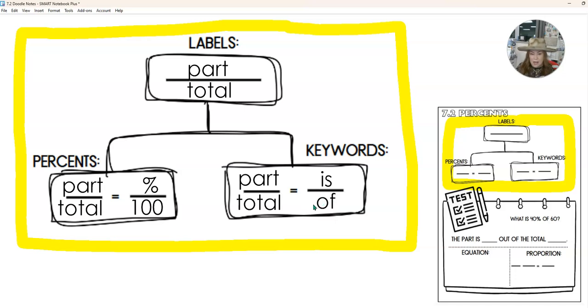This is out of this, right? If I say a fraction, 3 out of 4, 3 is what we have out of 4. So knowing the words is and of are going to help us set these problems up in the right way. But every time you can see the piece that we have is on the top, and the total's always on the bottom, and the number will be 100.